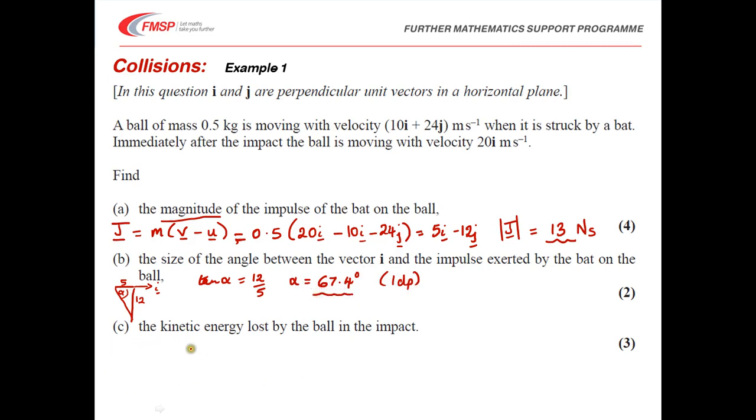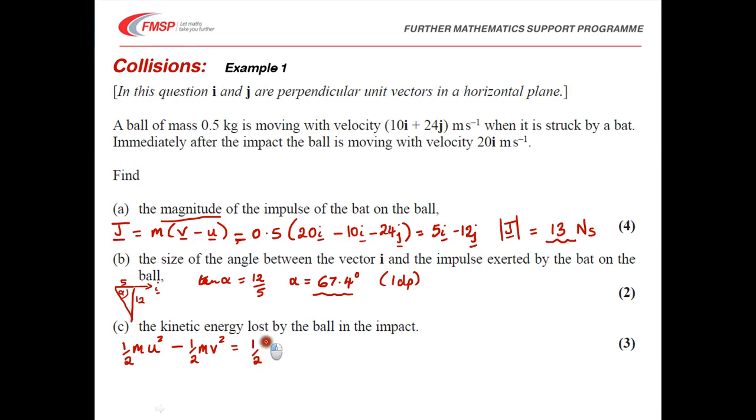And finally, the kinetic energy lost by the ball in the impact. This is going to be the initial kinetic energy, half mu squared, minus the final kinetic energy, half mv squared. We can use our vector magnitudes here, so that's going to be a half m.